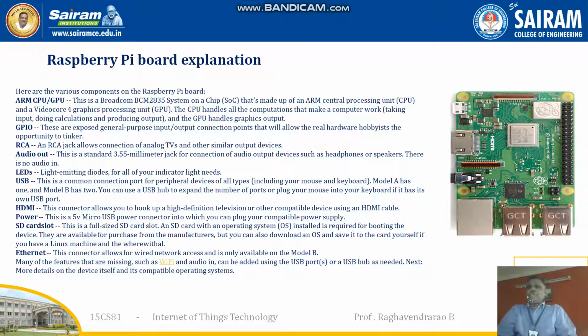Model A has one, model B has two. There are two models, one having one port and the other having two. You can use a USB hub to extend the number of ports, or plug your mouse into your keyboard, or use other USB ports if required. You can even use the USB port for memory.